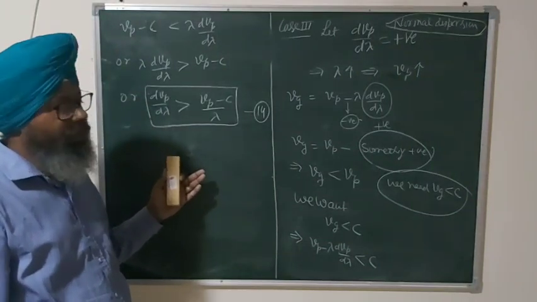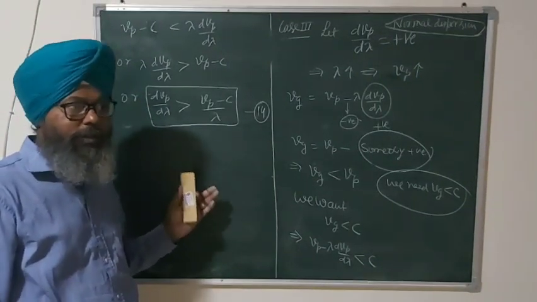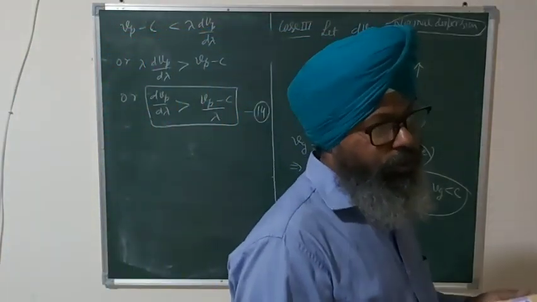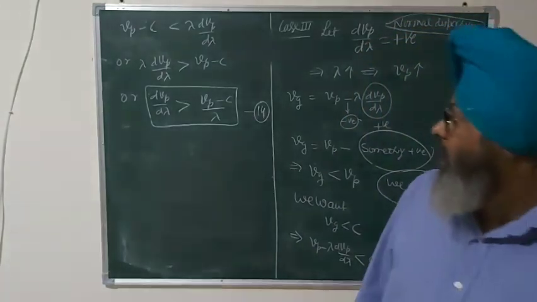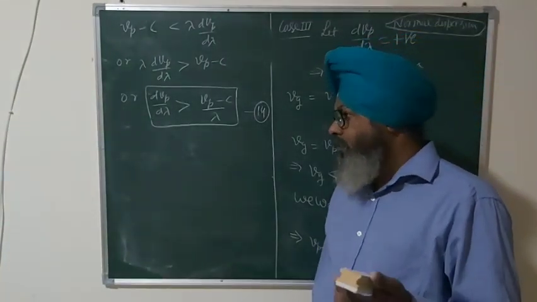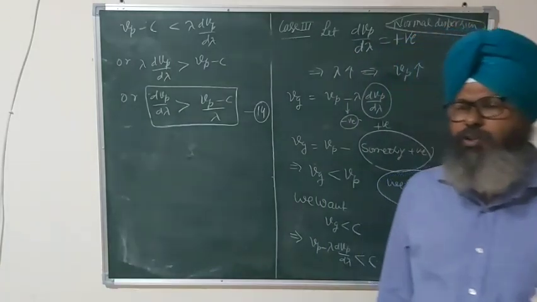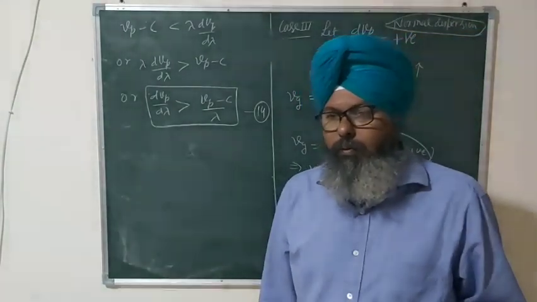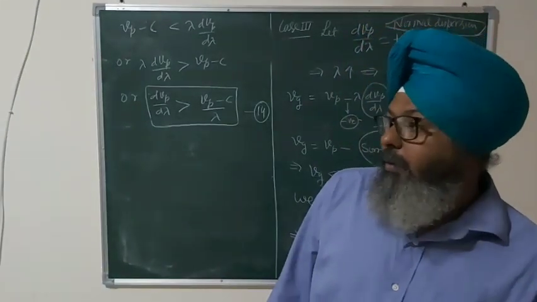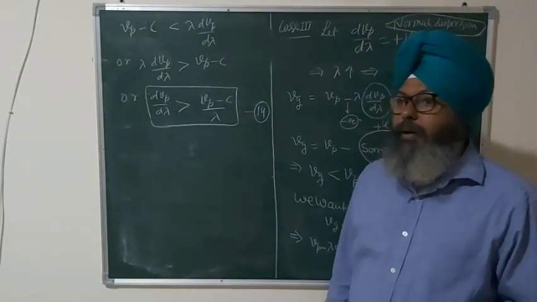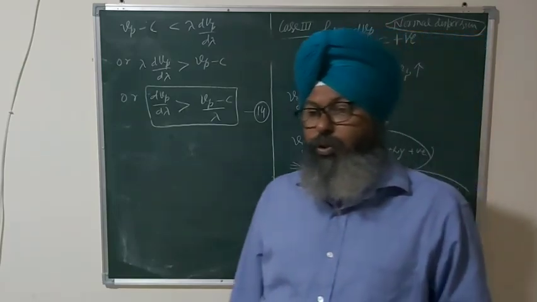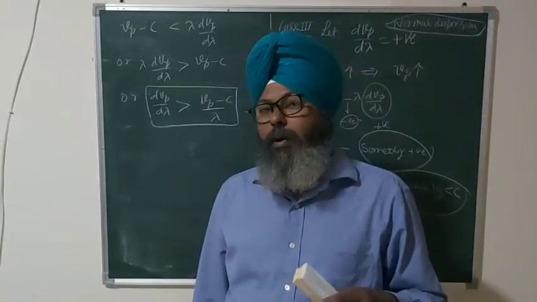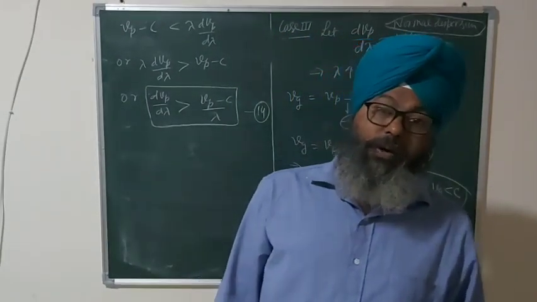So today's lecture ends here, and in this lecture we were able to develop a mathematical model and validate our discussion of lecture number 2, where we apprehended what should be the nature of the de Broglie waves and under what conditions we can have formation of the wave packet. I would summarize that the wave packet is formed by the superposition of an infinite number of de Broglie waves, and the discussion in this lecture was not for infinite de Broglie waves.